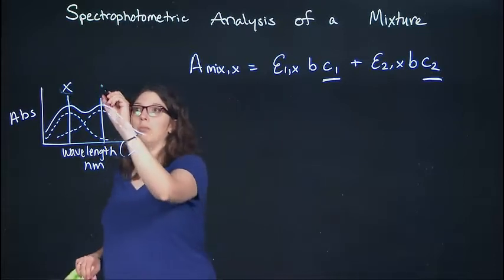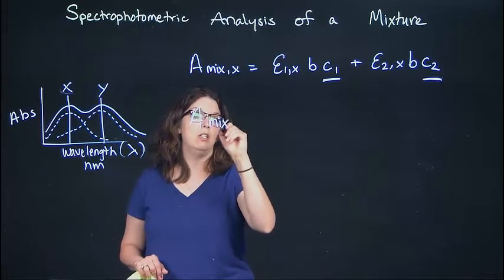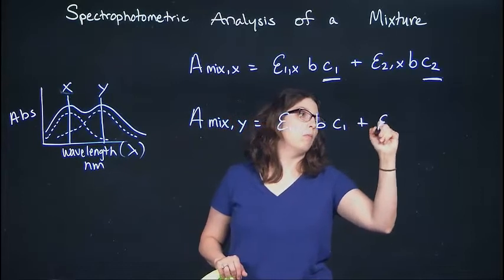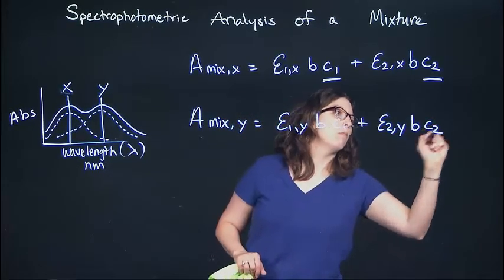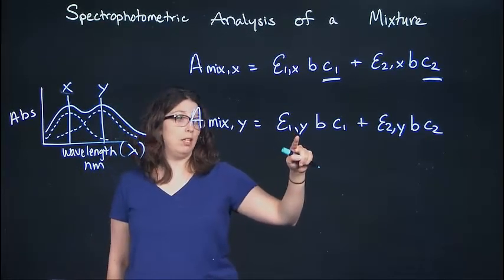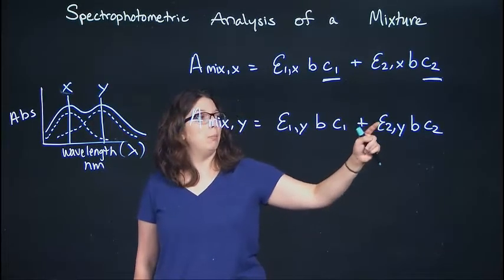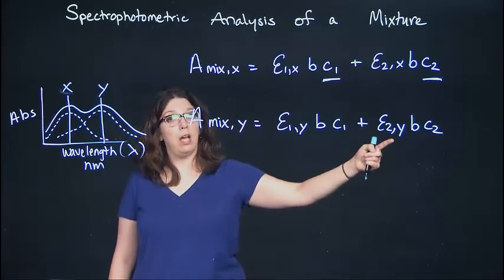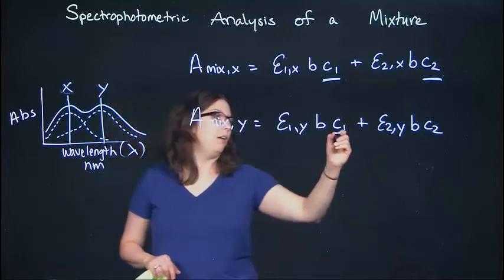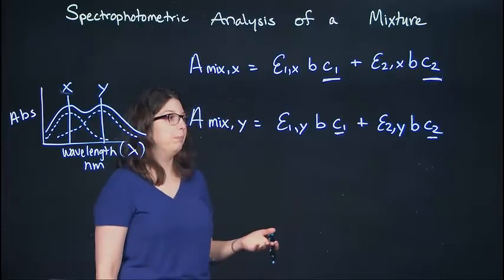So if we measured the absorbance at a second wavelength y, we would have a second equation, but the absorption of the mixture at a second wavelength is equal to the molar absorptivity for component 1 at that wavelength times the path length times the concentration, plus the molar absorptivity of component 2 at that wavelength times the path length times the concentration of component 2. Now we have two equations and two unknowns, so we can use algebra to solve our problem.